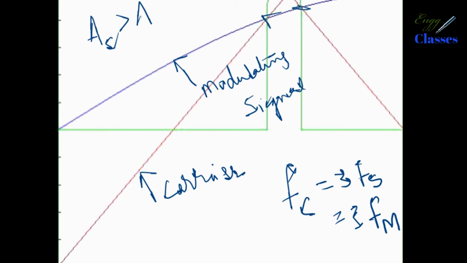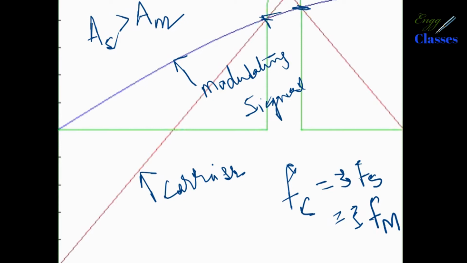Whenever this condition is satisfied, one trigger pulse will get generated. If you observe in between this interval, the amplitude of the carrier signal is greater than the amplitude of the modulating signal, so a trigger pulse will get generated.